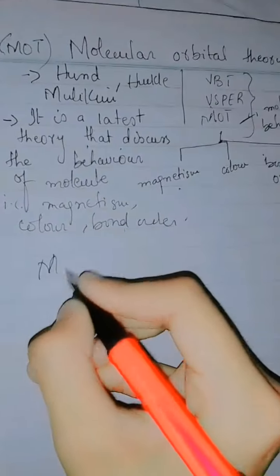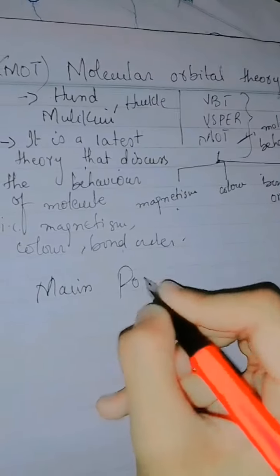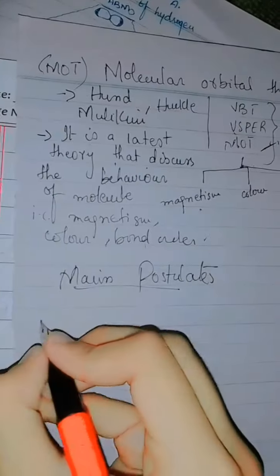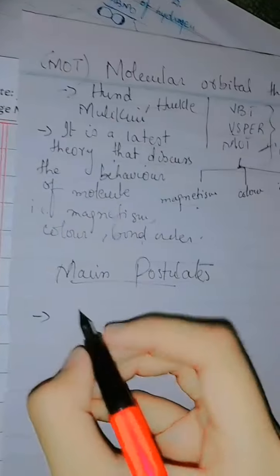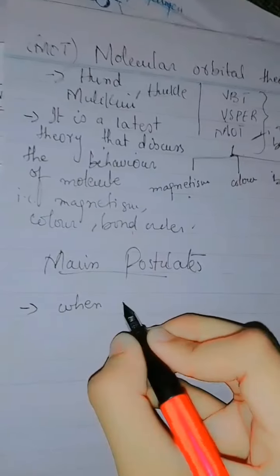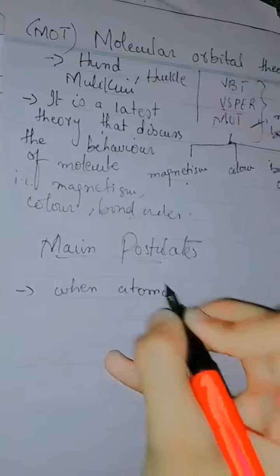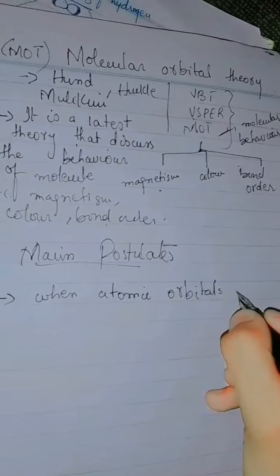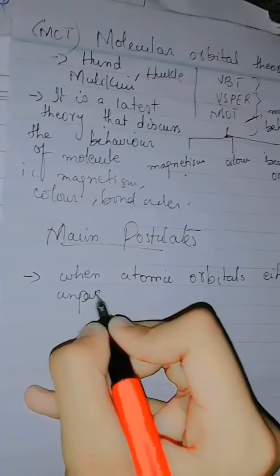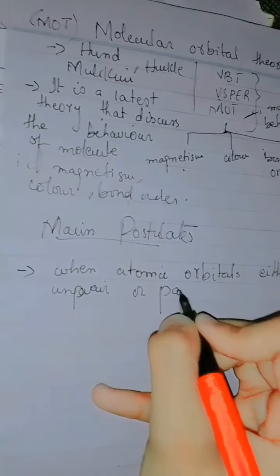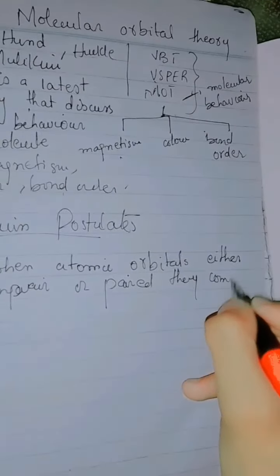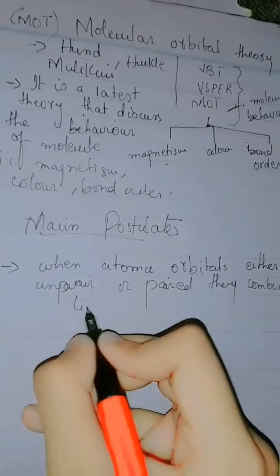Talking about the main postulates of this theory, first, when two atomic orbitals, either unpaired or paired, combine linearly.